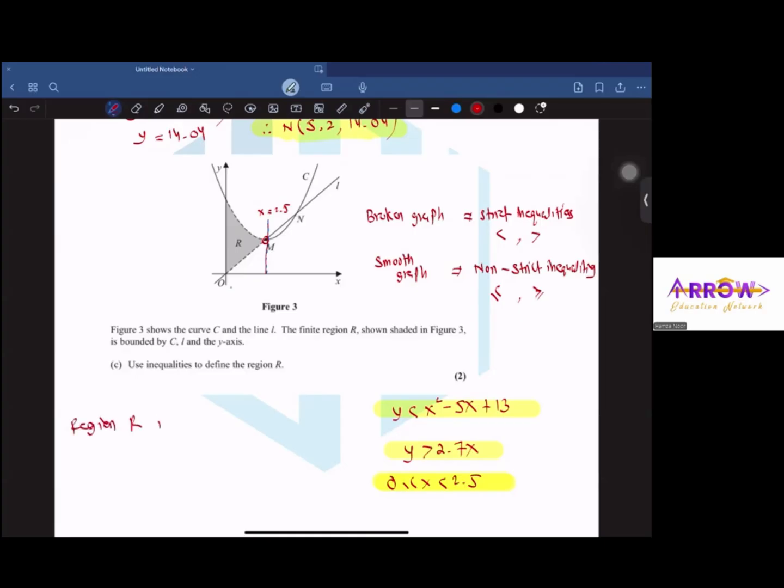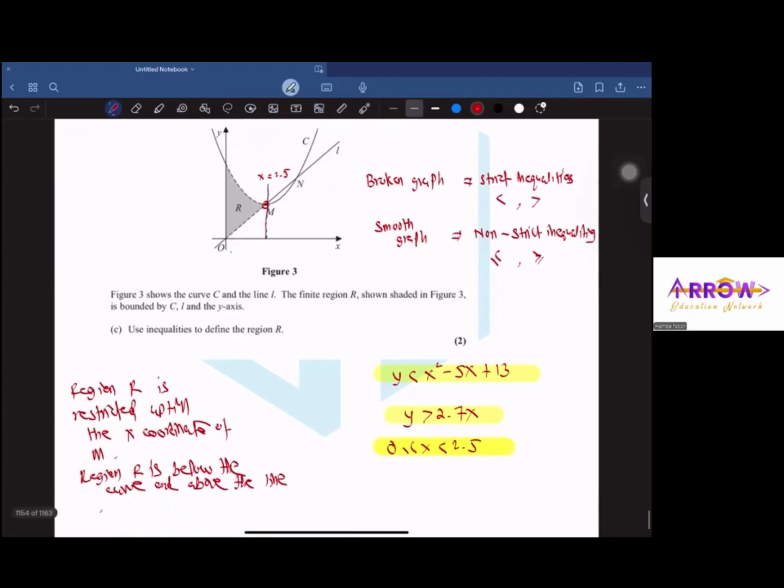Region R is restricted up till the x coordinate of M, and region R is below the curve and above the line, and is on the right hand side of the y-axis.